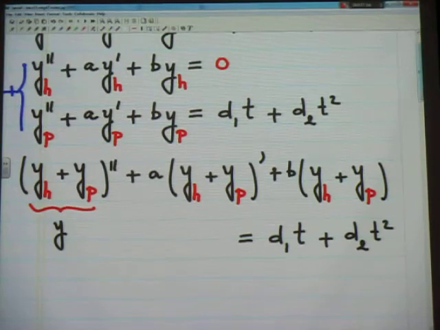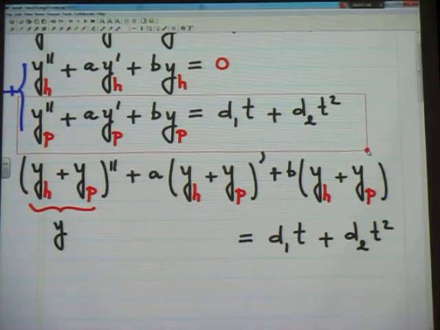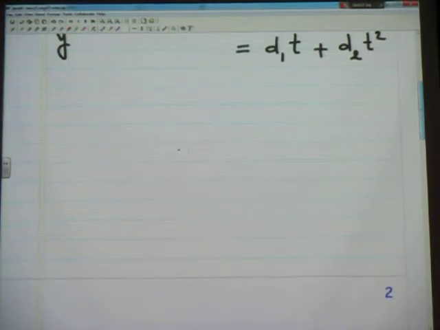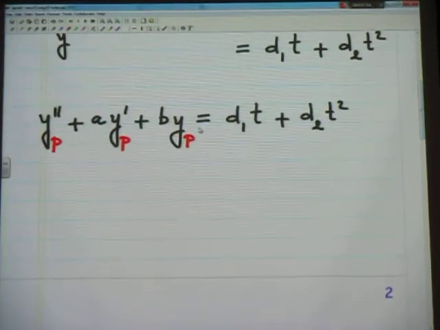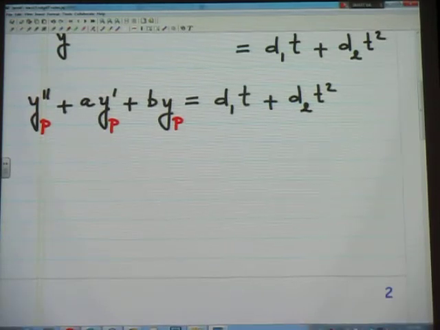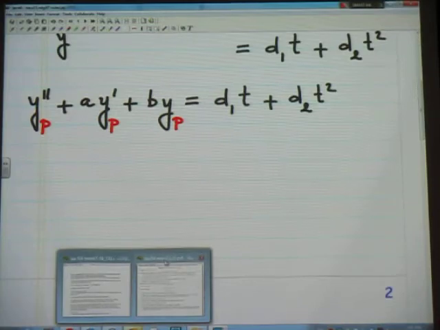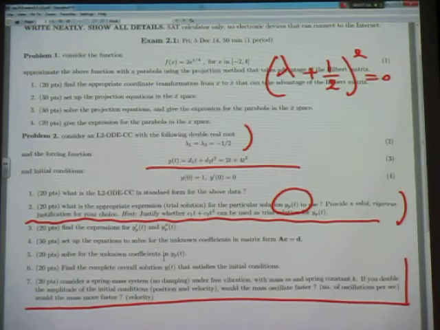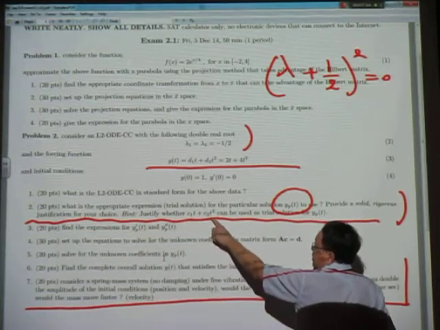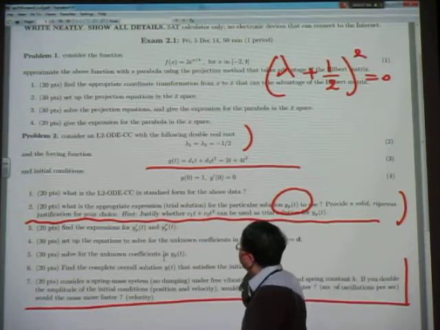So my remark today is concerning the search for the particular solution. Okay? And the question is, what would be the trial solution? To answer this question 2, the hint is, justify whether C1t plus C2t squared can be used as trial solution.